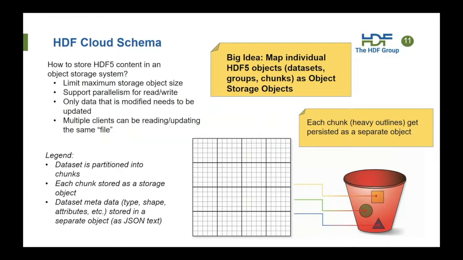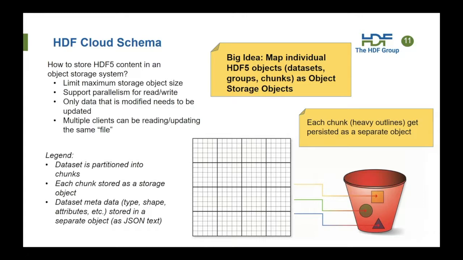So what's the big idea here? Rather than in the HDF5 file, where you have a file, and inside the file you have objects like groups and datasets and chunks, in HSDS we store those objects as separate storage objects. Each HDF5 group or dataset becomes a JSON object in the storage system.